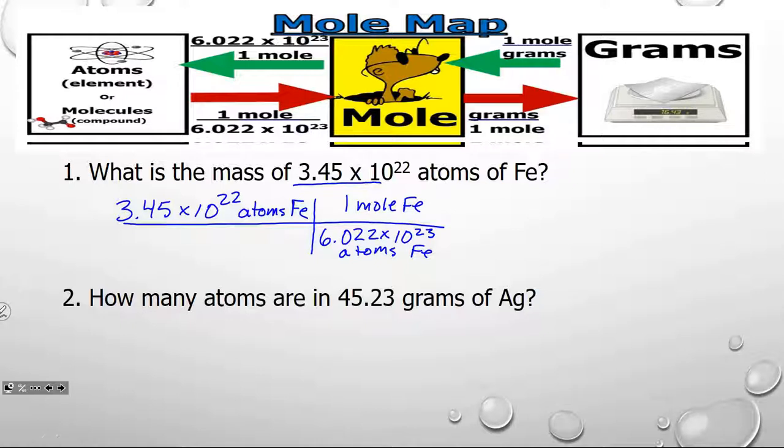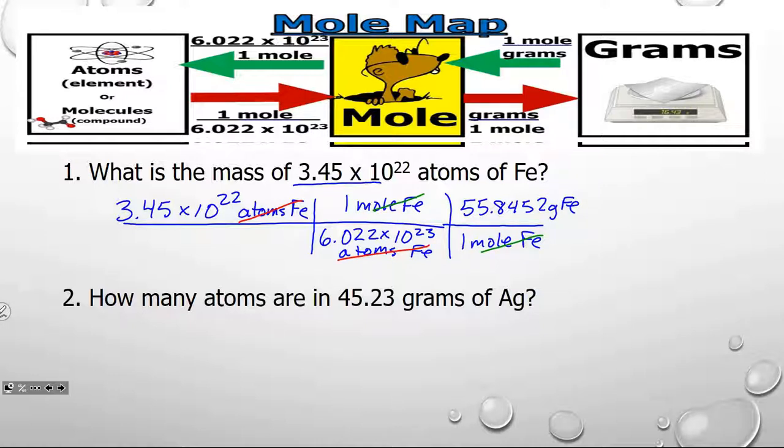At this point, we can cross out atoms of Fe, and we're now at the mole, the yellow in the center. Then we do our next conversion following the red line still, and on the bottom we're going to put 1 mole of Fe, and since this is just an element, all we have to do is look at the periodic table for Fe and find the mass of Fe, which is 55.845 grams of Fe. At this point, mole of Fe cancels out.